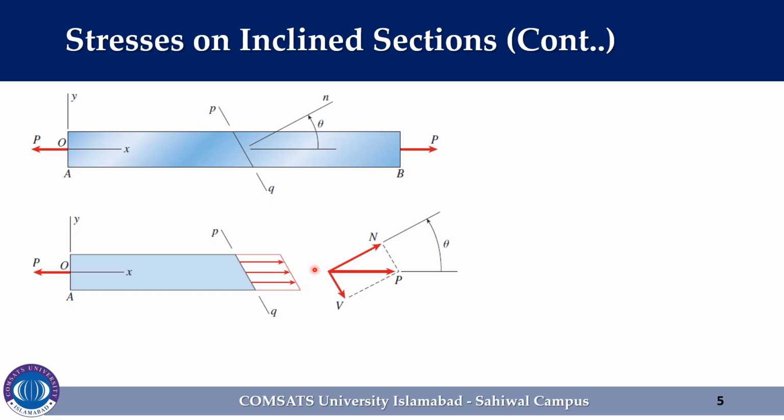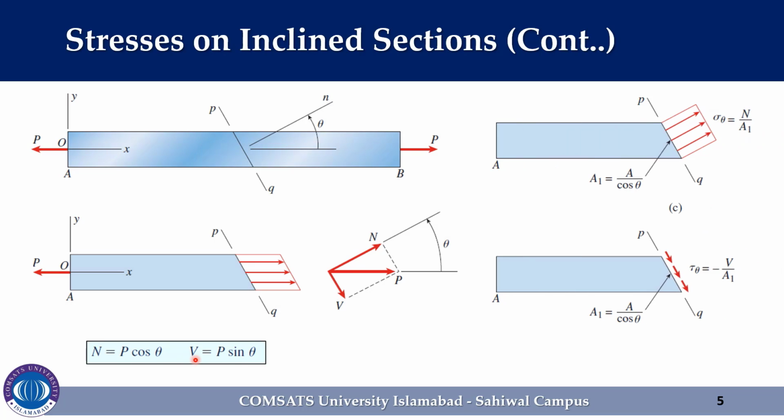These force components can be expressed as N, the normal force, is equal to P cos theta, and V, the shear force, is equal to P sin theta. Associated with the forces N and V are normal and shear stresses that are uniformly distributed over the inclined section.